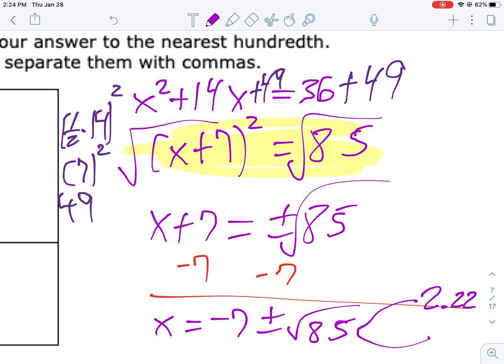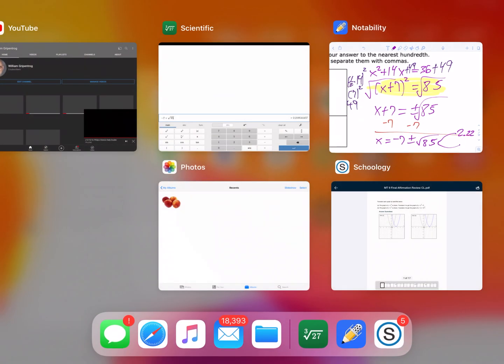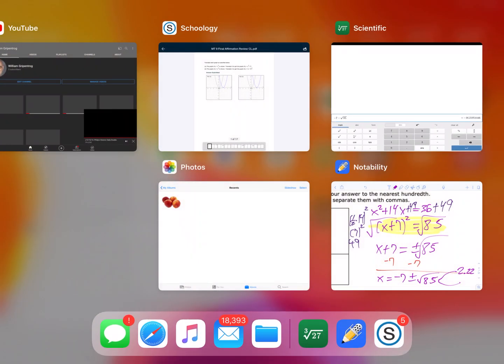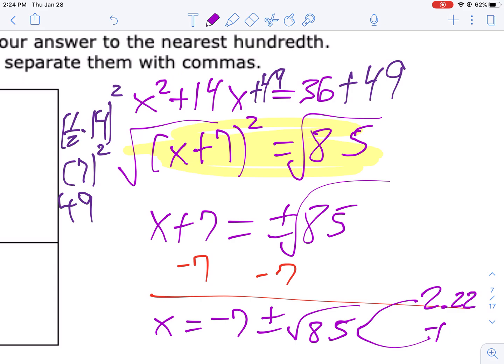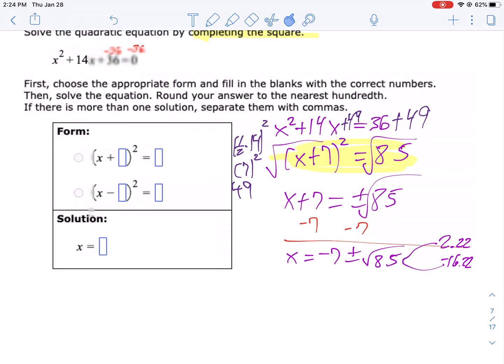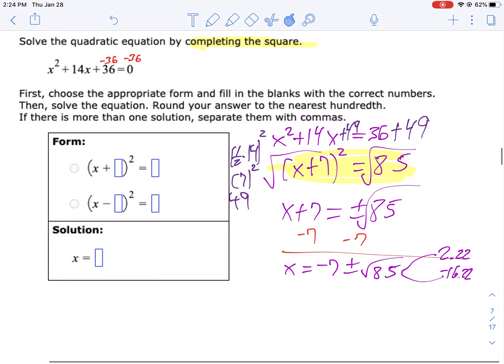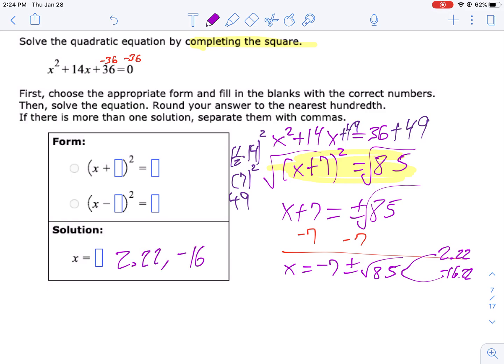And let's do negative 7 minus the square root of 85, and we get negative 16.22. And those are the two answers you should have typed in for x. Should have been 2.22, comma, negative 16.22.